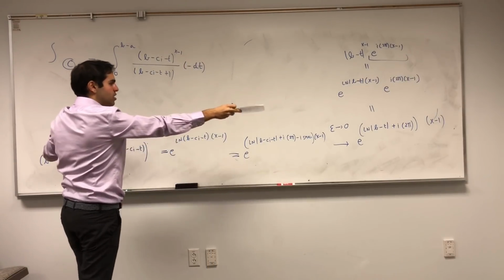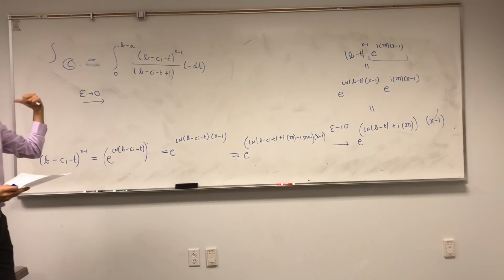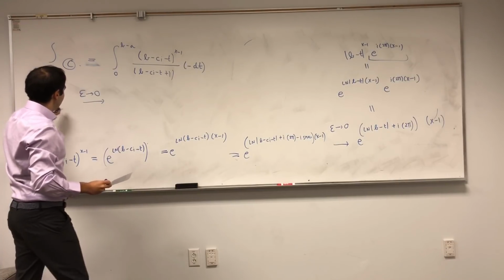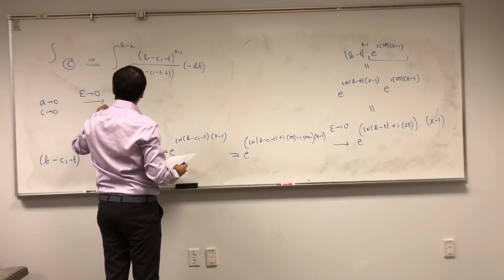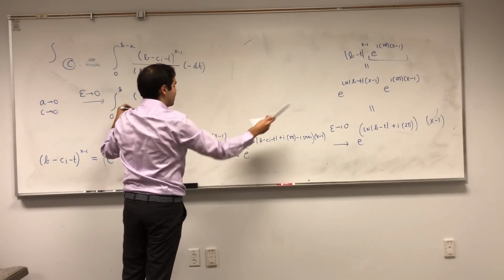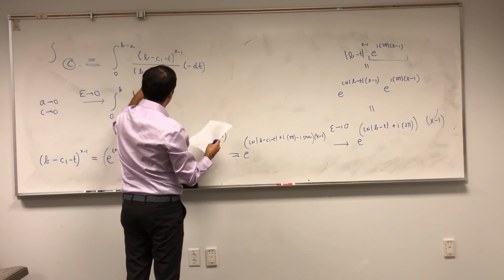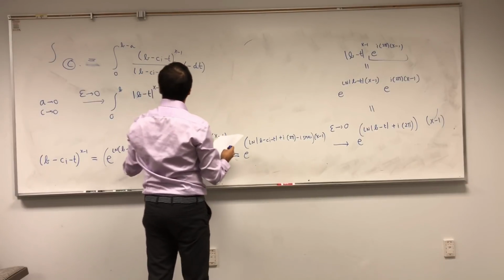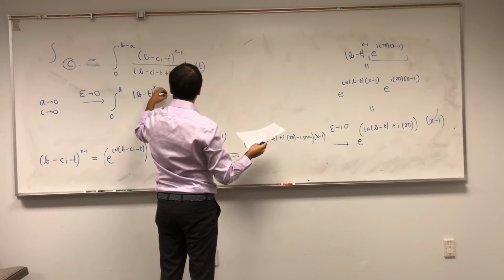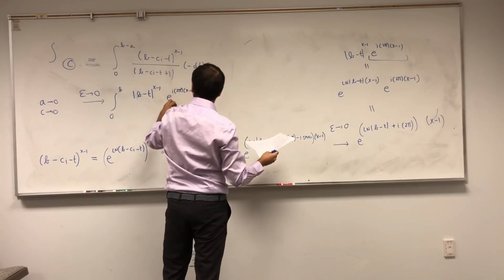And remember, at this point here, I let epsilon go to 0. And as epsilon goes to 0, we have both a goes to 0 and c goes to 0. So you're left with the integral from 0 to b minus 0 of, again, this extra weird factor that pops up: (b − t) to the x minus 1 times e^(i2π) to the x minus 1.